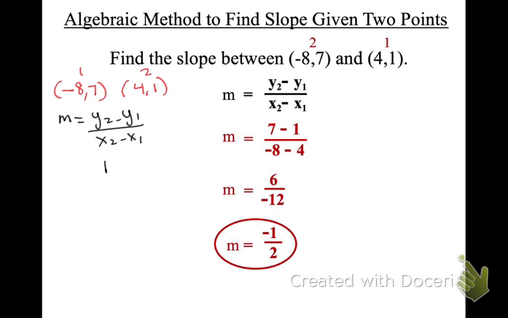So I've got 1 minus 7 over 4 minus negative 8. So here you will notice I get negative 6 over positive 12. And that still reduces to negative 1 over 2. Got it? So it doesn't matter which one we call point 1 and point 2. They're both going to simplify to the same answer.